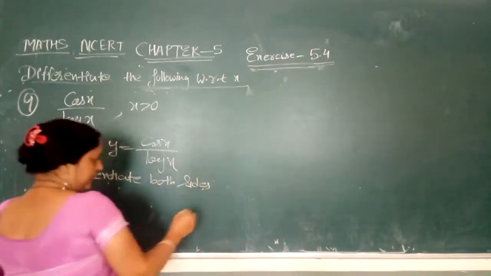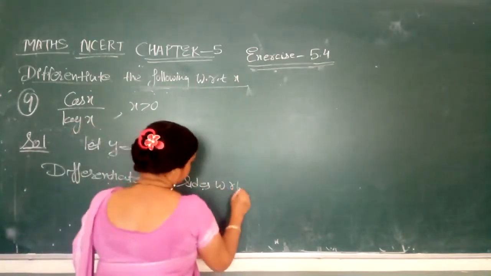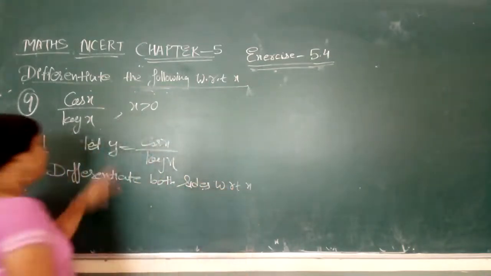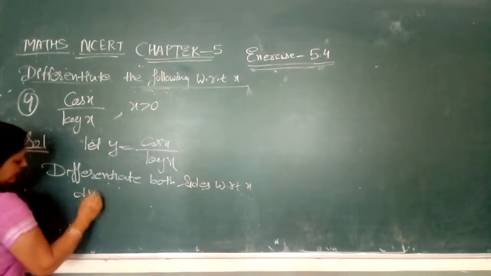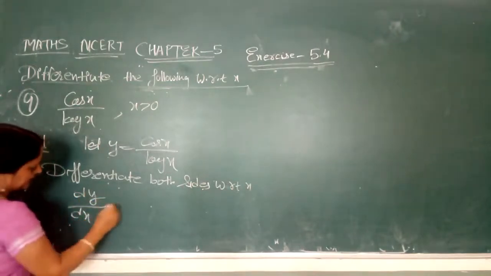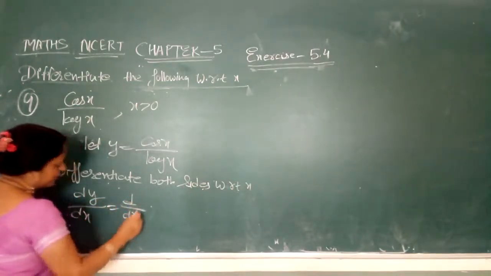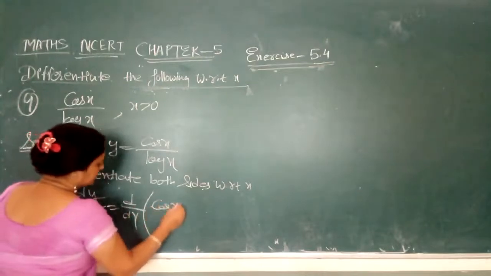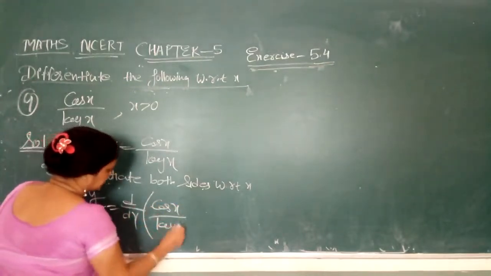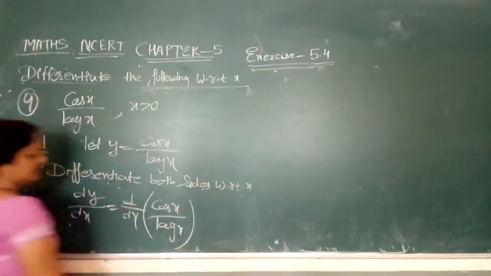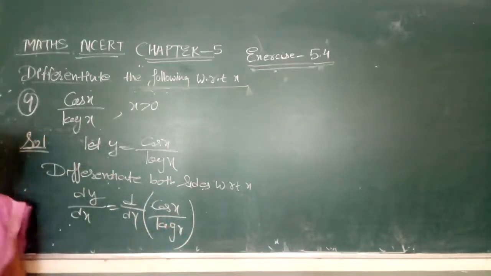With respect to x. Therefore, it will come dy upon dx equal to the derivative of cos x upon log x. Cos x over log x.